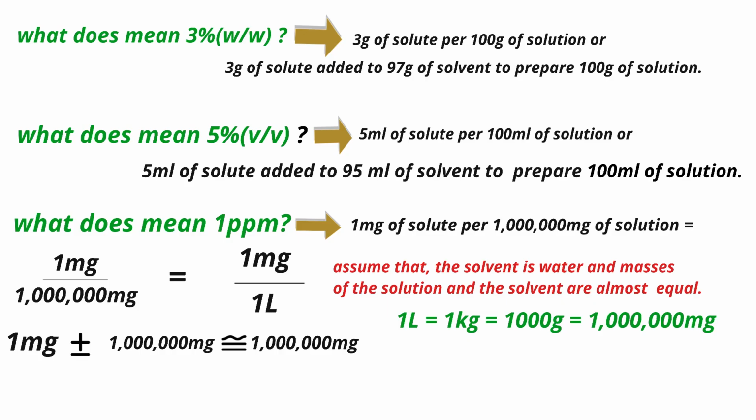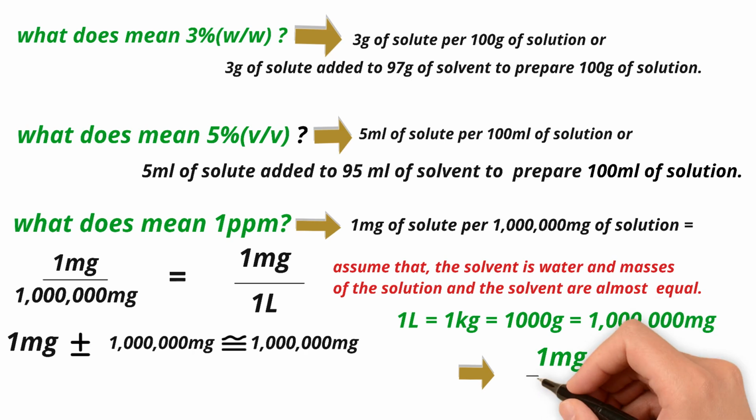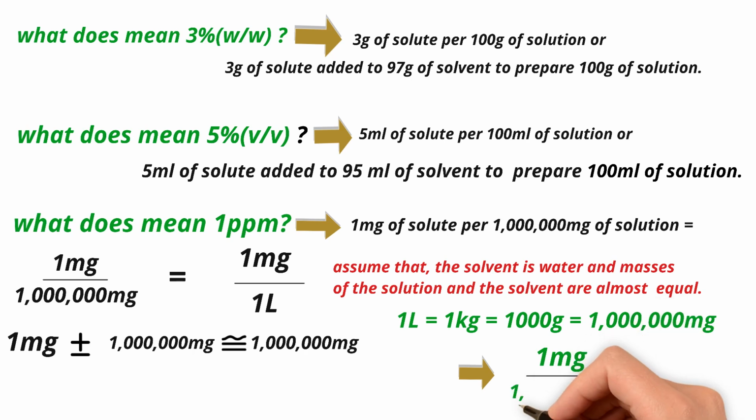Therefore, 1 milligram upon 1 million milligram is equal to 1 milligram upon 1 liter.